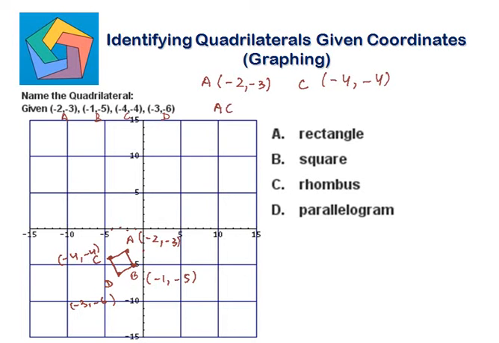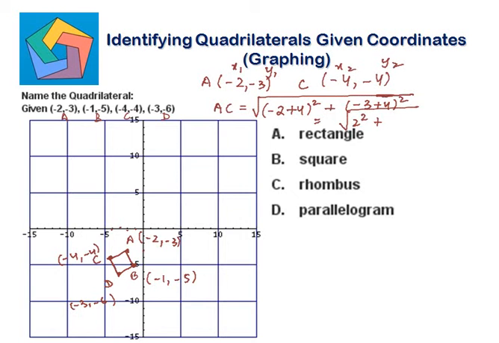So AC will be equal to square root of, let's say x1, y1, x2, y2, x1 minus x2 whole square, -2 plus 4 squared, plus y1 minus y2 squared, so -3 plus 4 squared. Square root of 2 squared plus 1 squared. Square root of 4 plus 1, which is square root 5 units.